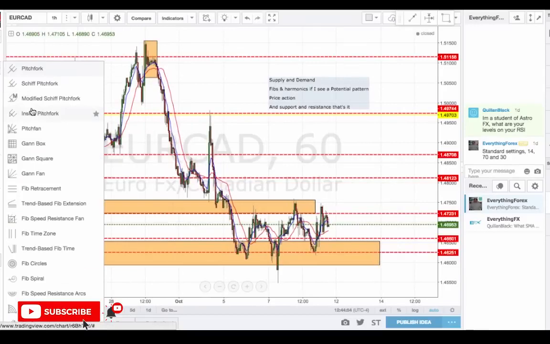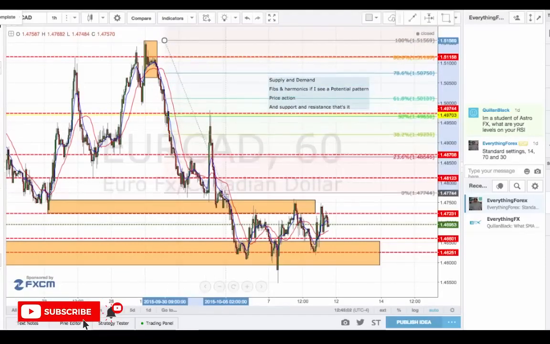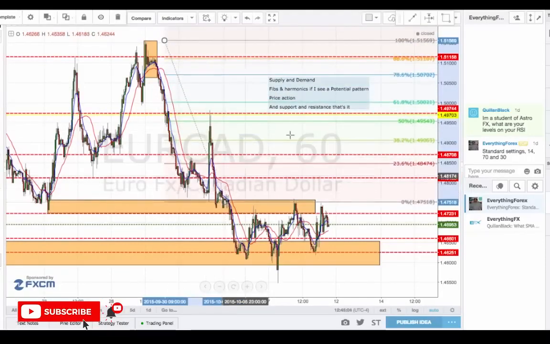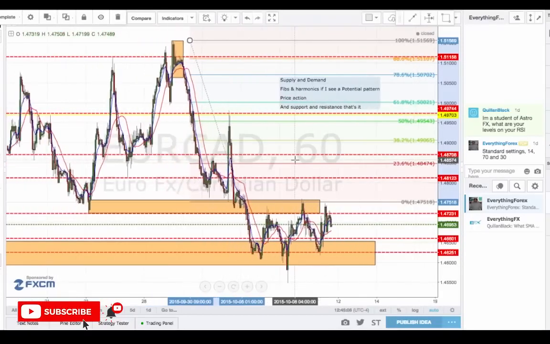And fibs basically, like I told y'all in one video that I made not too long ago, the PRZs, which is the price reversal zones, are 38.2, 61.8, and 78.6%.